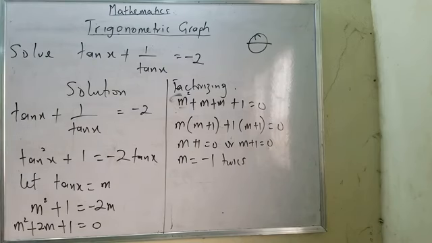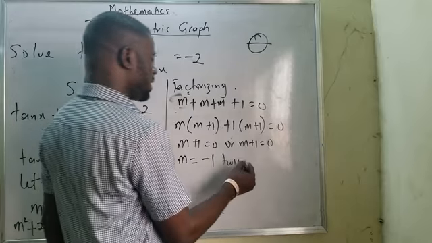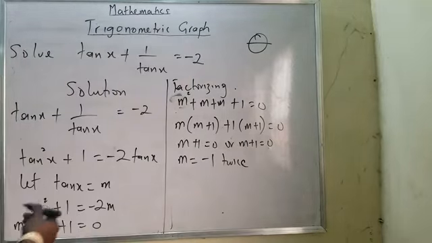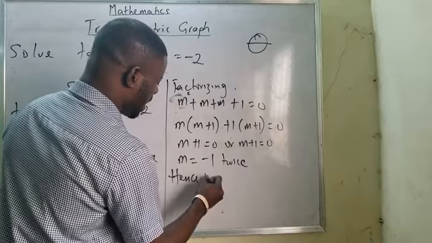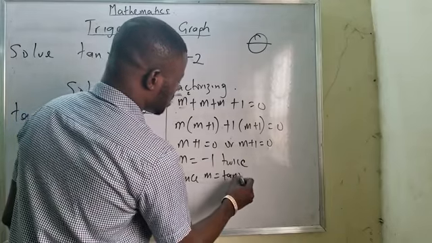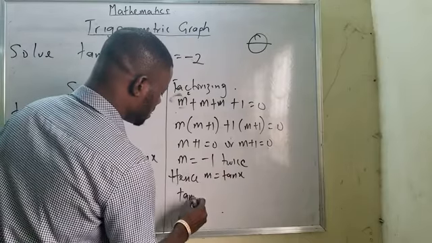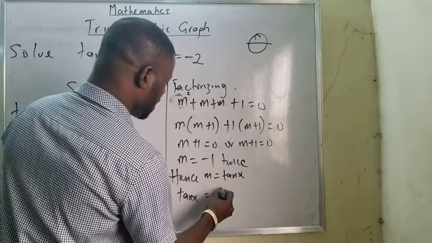Now, since I have minus 1 twice, don't forget that I'm talking about x. Hence my m equals tan x. It means tan x equals minus 1.